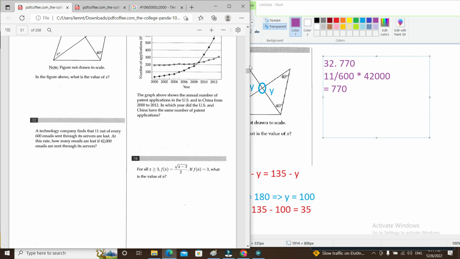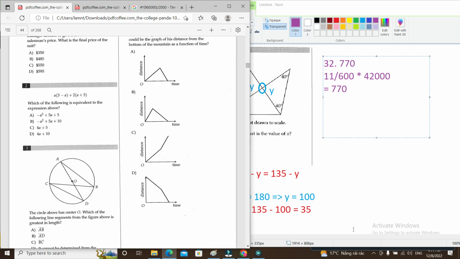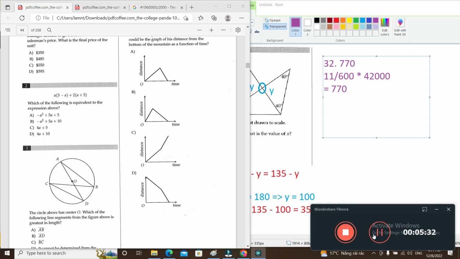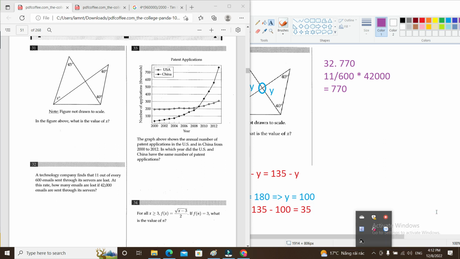Number 33. Okay, sorry. Number 33 is about the graph of patent applications versus the number of applications of the US and China.